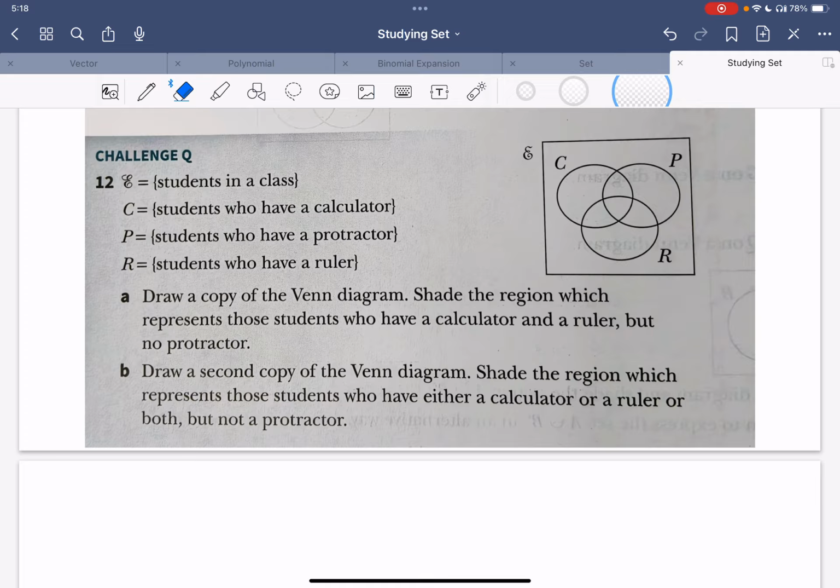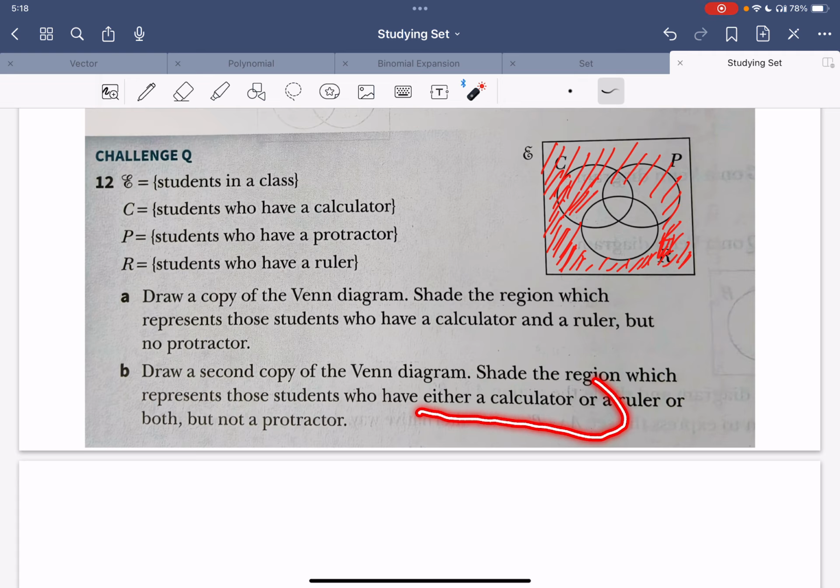So in this case, we still firstly draw the complement of the set P. And the first condition is either or: either a calculator, or a ruler, or both.